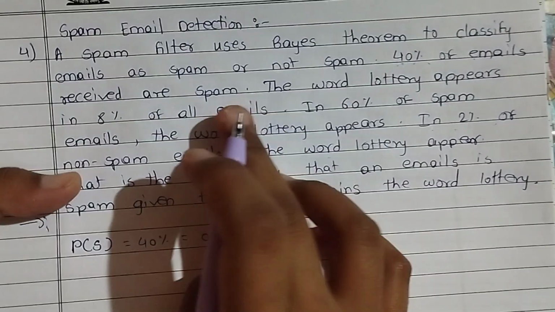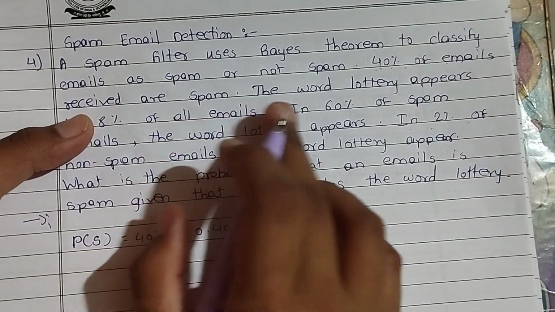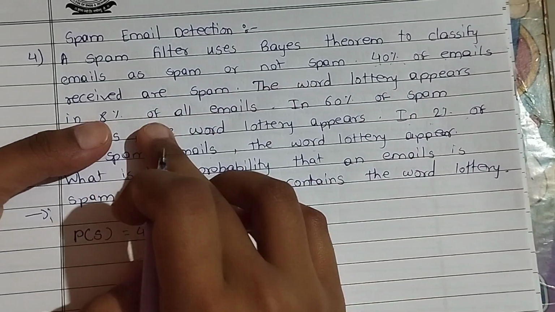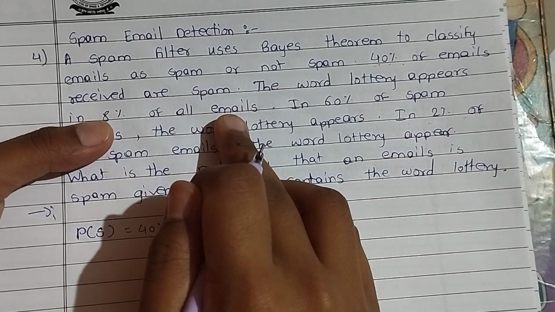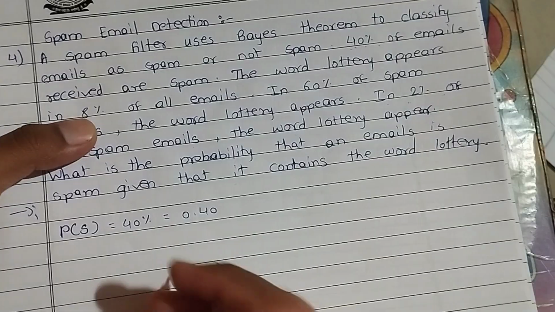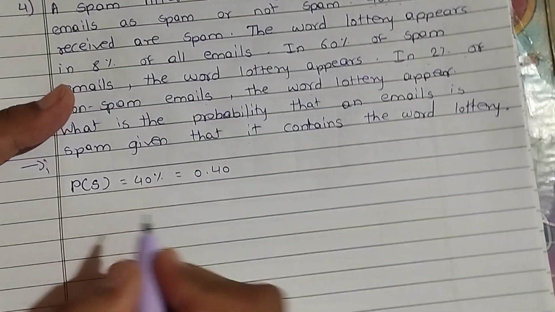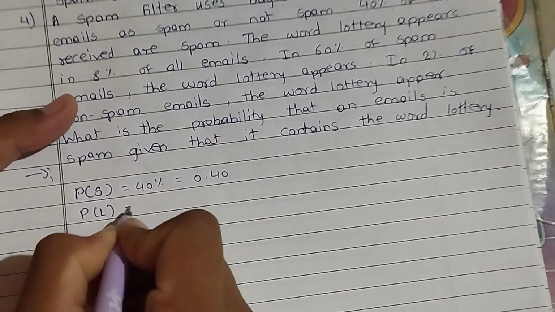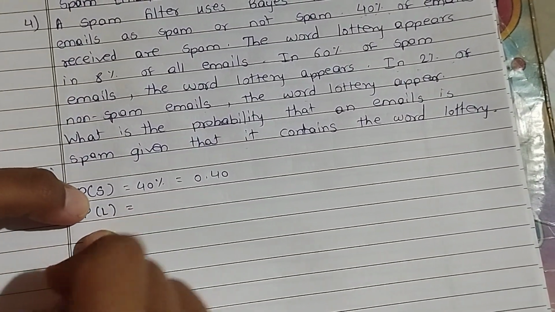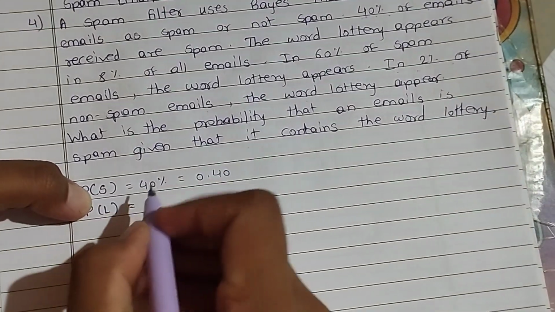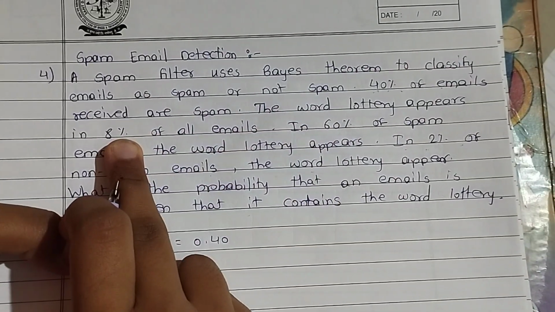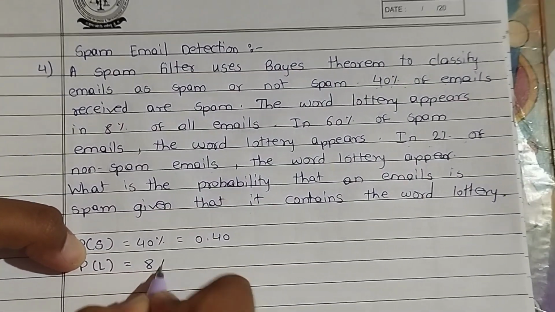Now the word lottery appears in 8% of all emails. So the probability of L, the probability of the lottery word, is 8%.